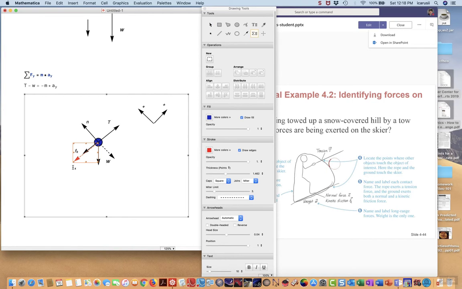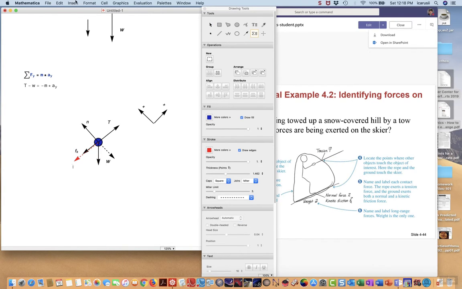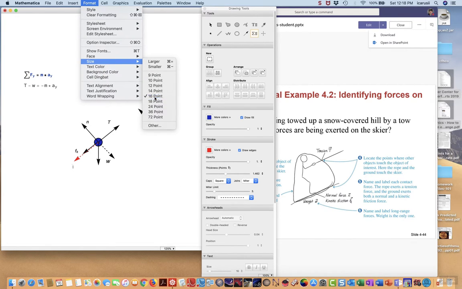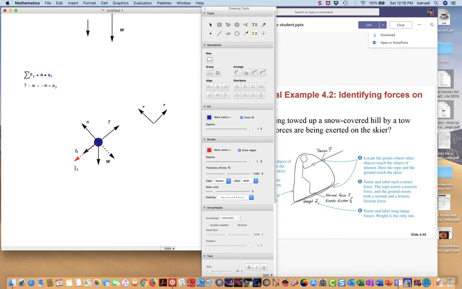This is going to be the parallel component of the weight. This here, okay, my program is giving me a little bit of grief, but that's okay. I'm going to move this guy.